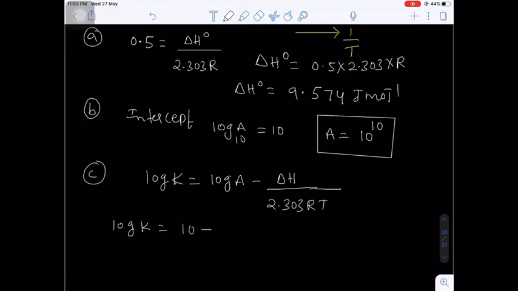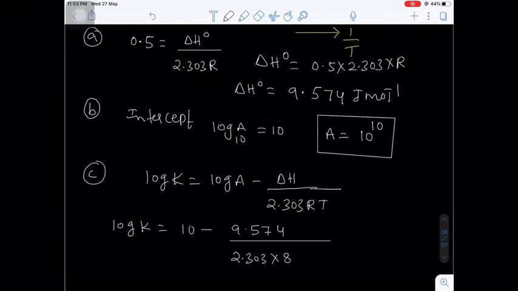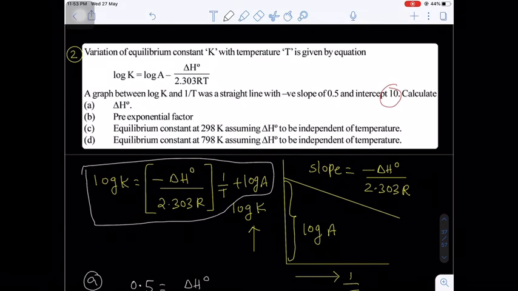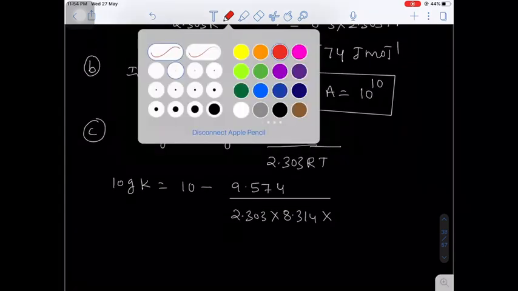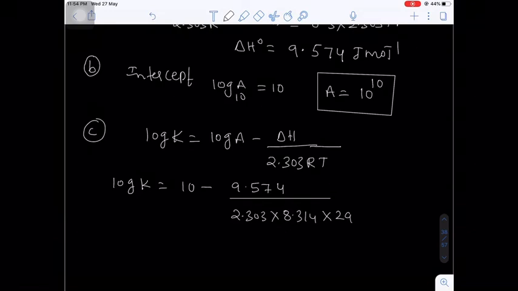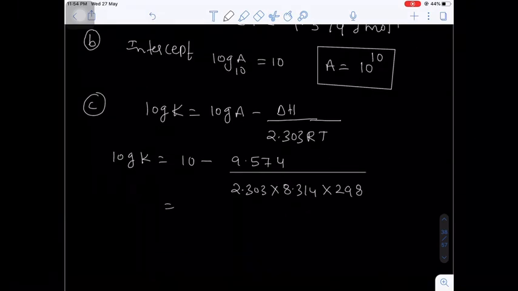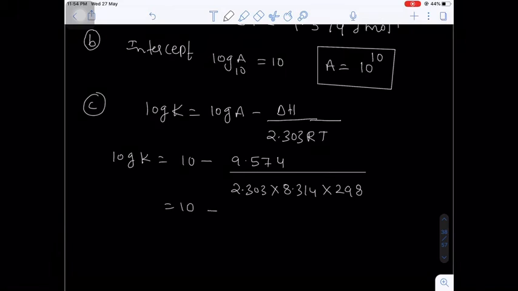So what is the log A value here? 10 minus delta H value 9.574 divided by 2.303, R value in terms of joule 8.314, and what is the temperature given here? For the third question, 298 Kelvin. So we have to write the temperature 298 Kelvin. Are you getting my point?